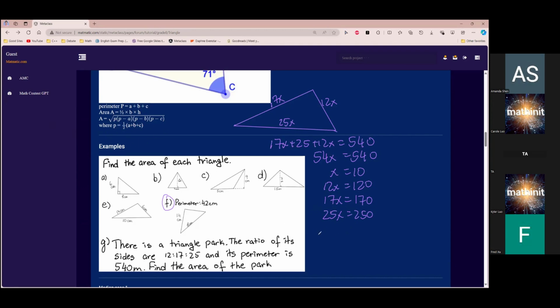So right now you have all the numbers to plug into Heron's formula. First of all, you need to figure out P, which is half of the perimeter, which you know. So P is equal to 270, and then if you plug in the formula, you get 270 times (270 minus 250) times (270 minus 170) times (270 minus 120).